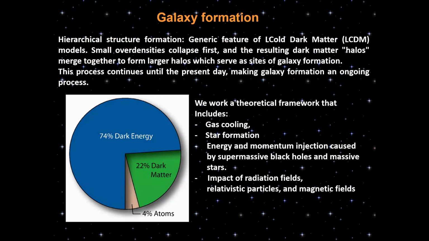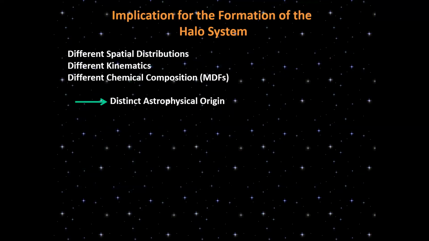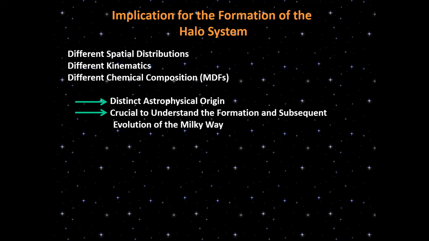The composition of the universe is mostly dark energy, a significant fraction of dark matter, and a tiny fraction of atoms. Let's not forget that I'm talking here about the global properties of the halo, in the average over the phase space.